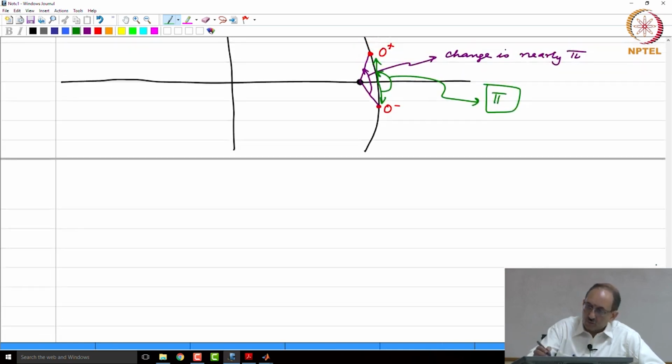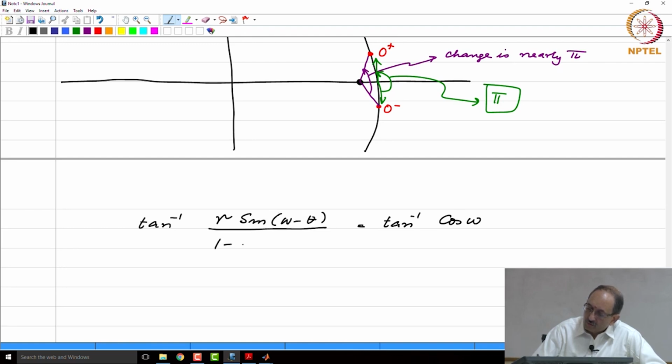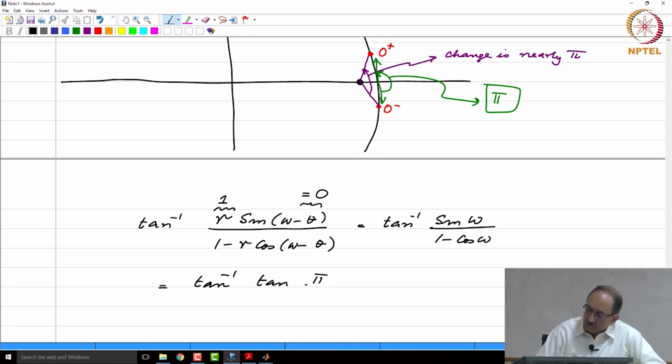Now, algebraically what is happening is this: the phase response after all is tan inverse of R sin(omega minus theta) by 1 minus R cos(omega minus theta). Theta is 0, R is 1. Therefore, this is really sin omega by 1 minus cos omega, and then this turns out to be tan inverse tan of pi by 2 minus omega by 2.